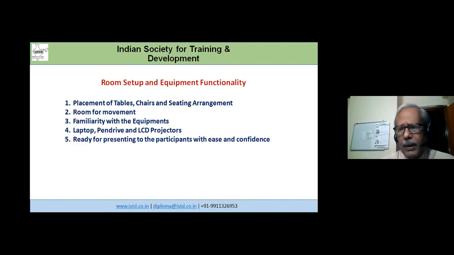Well, these are certain important things the trainer has to look at before the training is started. At no point of time should this be ignored, because if these are ignored, there will be some kind of problem in between, and that will create problems for the smooth running of the training program.